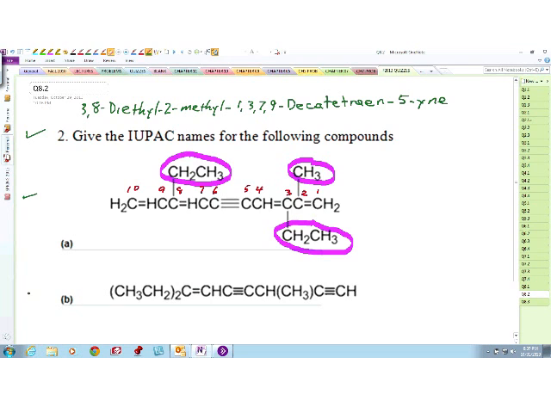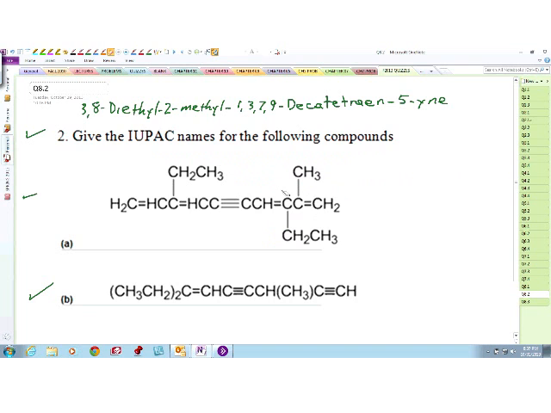Now let us start B. Before we do B, because what they've given you here is written almost like a super condensed structure, when you have this kind of structure, I advise you to write it out in a semi-condensed structure.